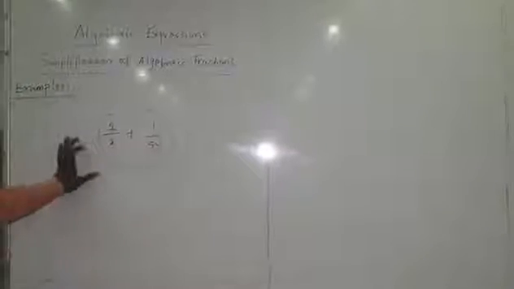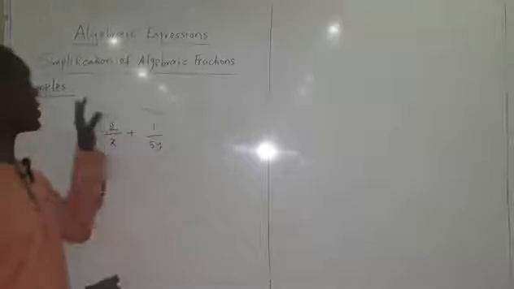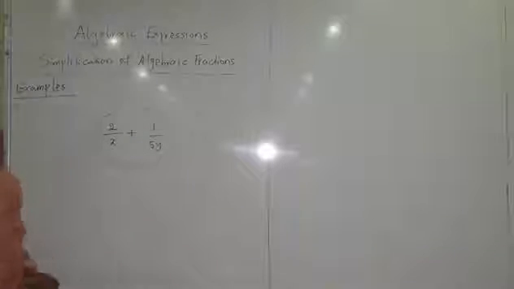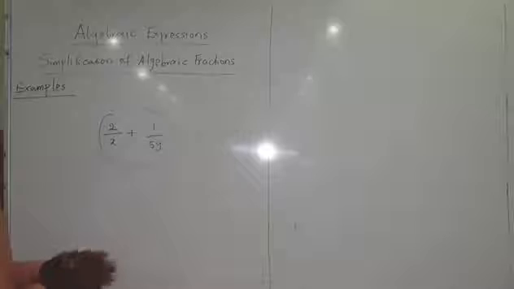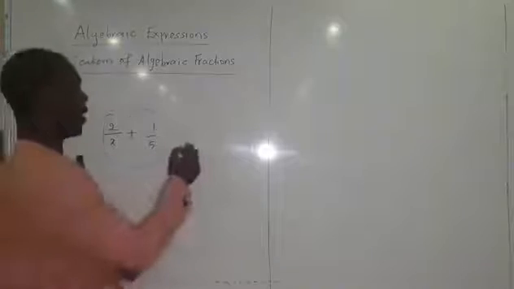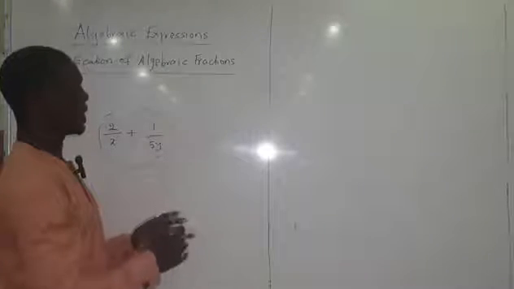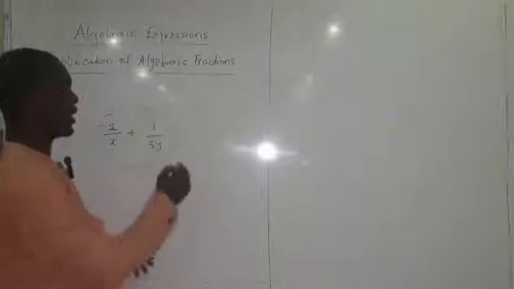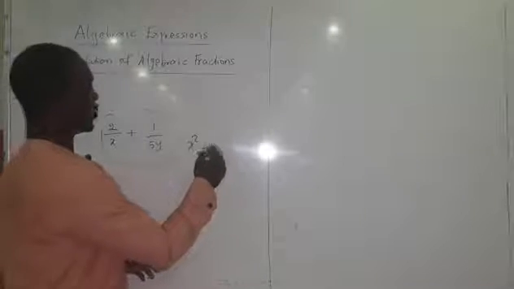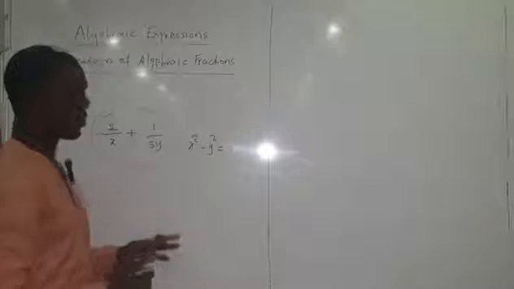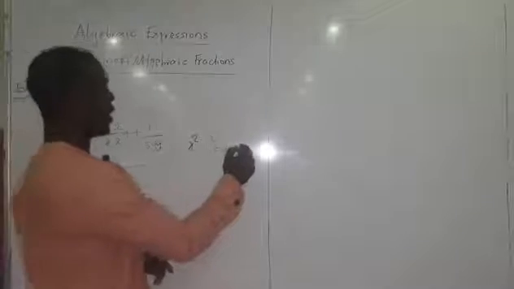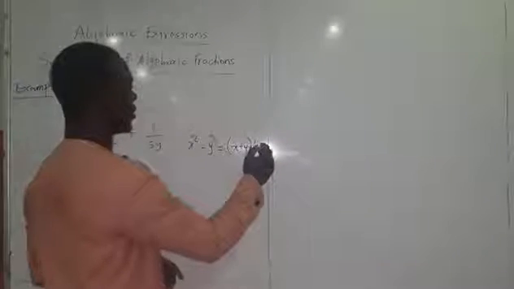Without wasting much of our time, all we need under this topic is that you should know how to factorize very well and know how to write numbers as a difference of 2 squares, like x squared minus y squared. To simplify x squared minus y squared, we have x plus y and x minus y.